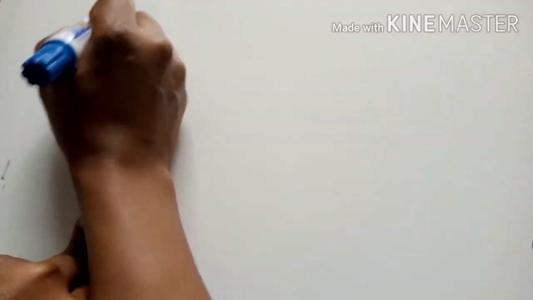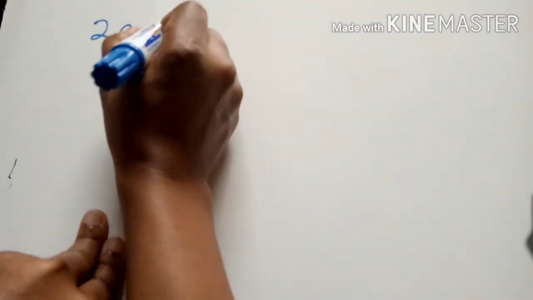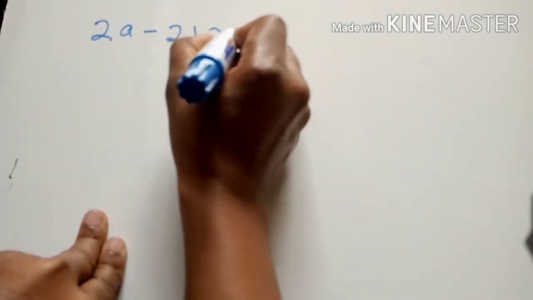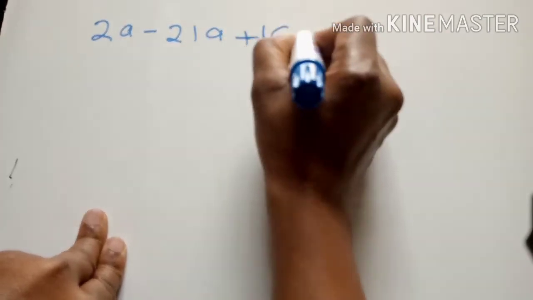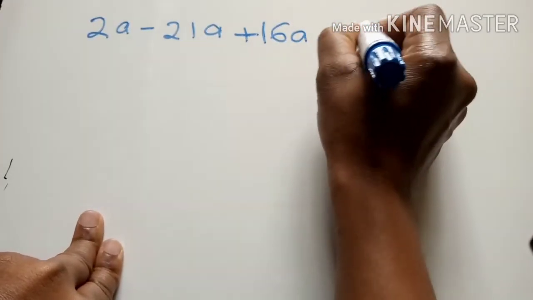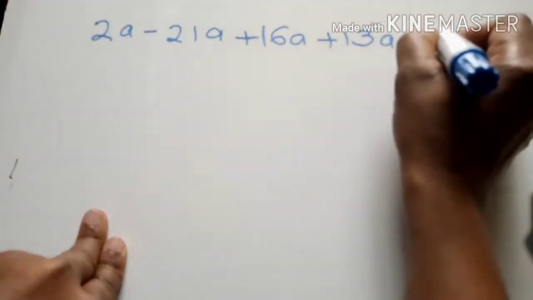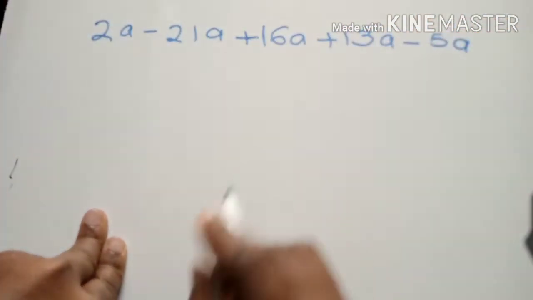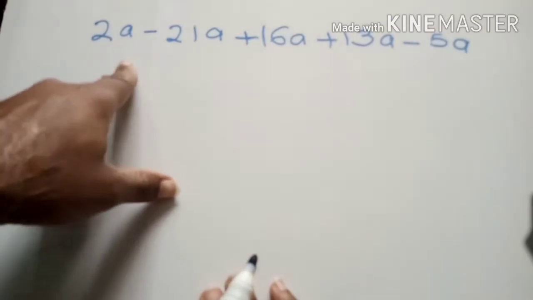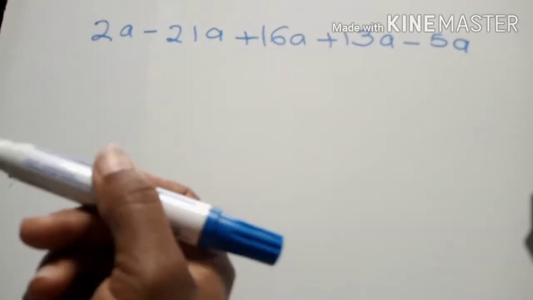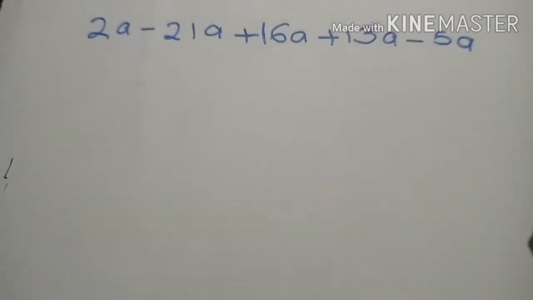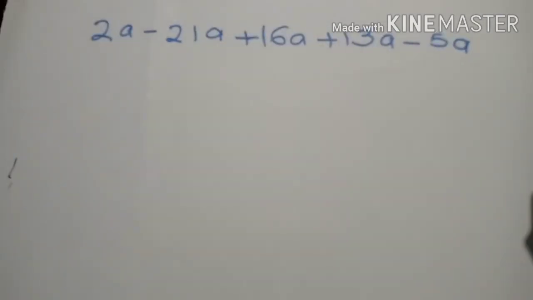If I had, let's say, 2a minus 21a plus 16a plus 13a minus 5a. So ordinarily we cannot subtract 21 from 2a. So that means we are going to arrange our sum another way, okay?